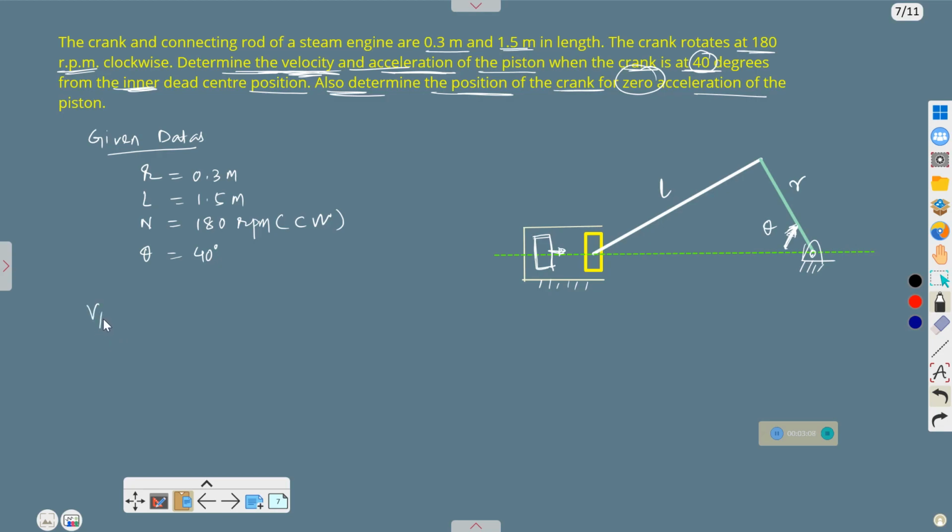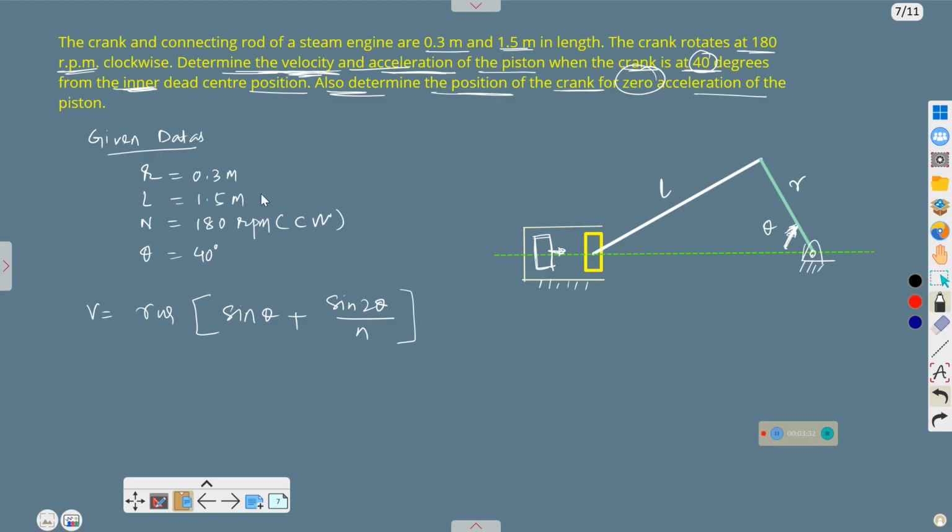So for finding the velocity of the piston, I'm writing the formula. That is v equal to r omega times (sine theta plus sine 2 theta divided by 2n). Okay, so this formula we can use for finding the velocity of the piston.